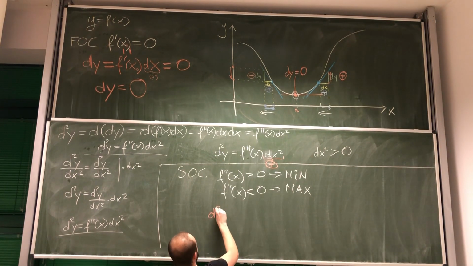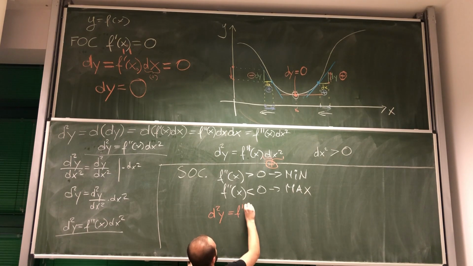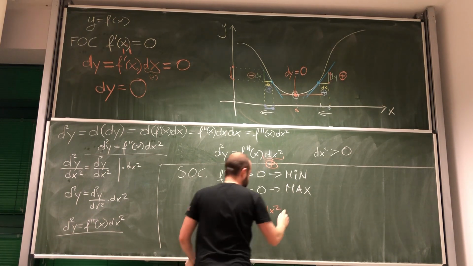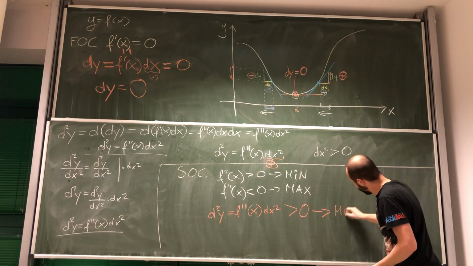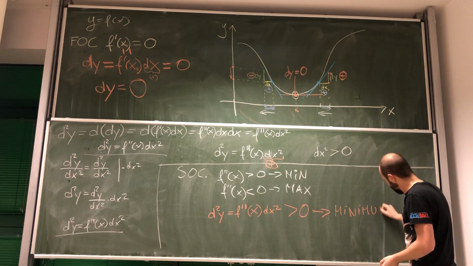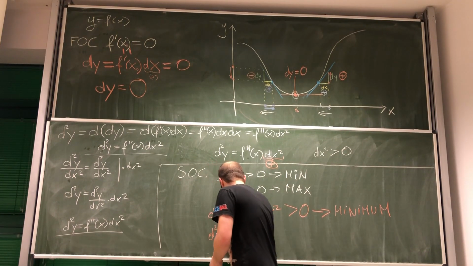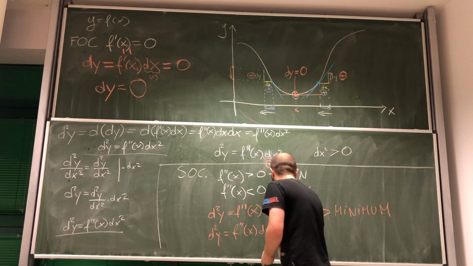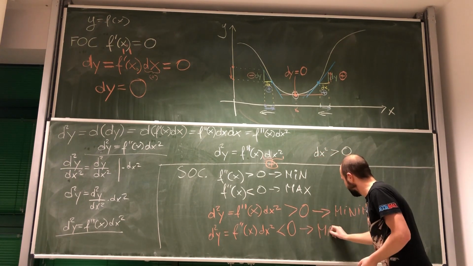So, d squared y is equal to f double prime of x dx squared. And if this is positive, this must be a minimum. On the other hand, if d squared y, equal to f double prime of x dx squared, is lower than 0, this is a maximum.